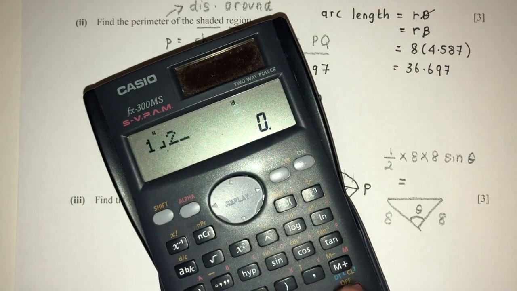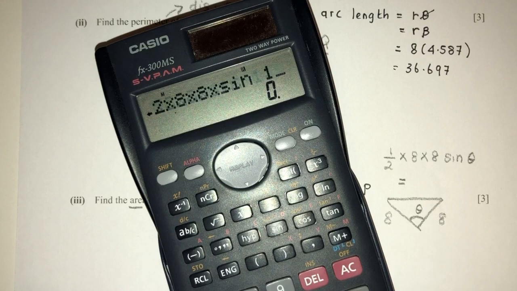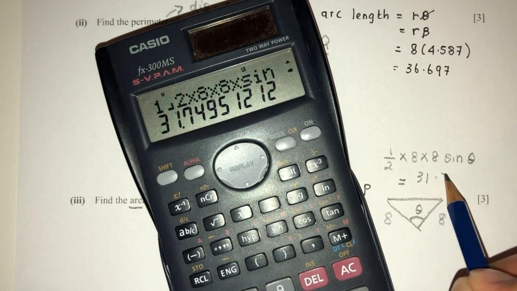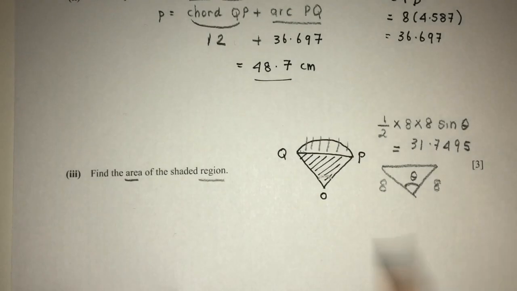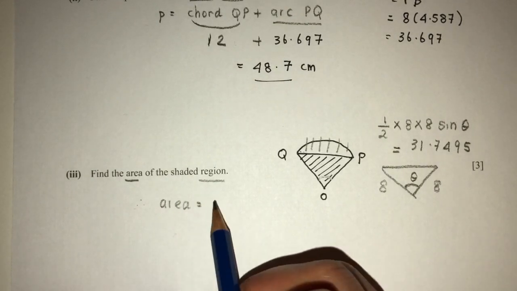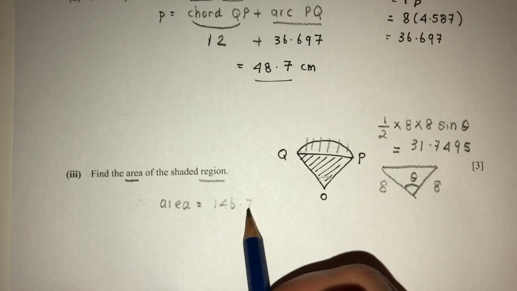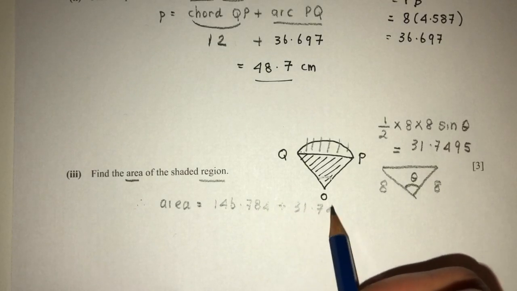So half times 8 times 8 times sine of the angle is 1.696. That will be 31.7495. So finally, the area will be part 1, which is 146.784 plus this one, 31.7495.